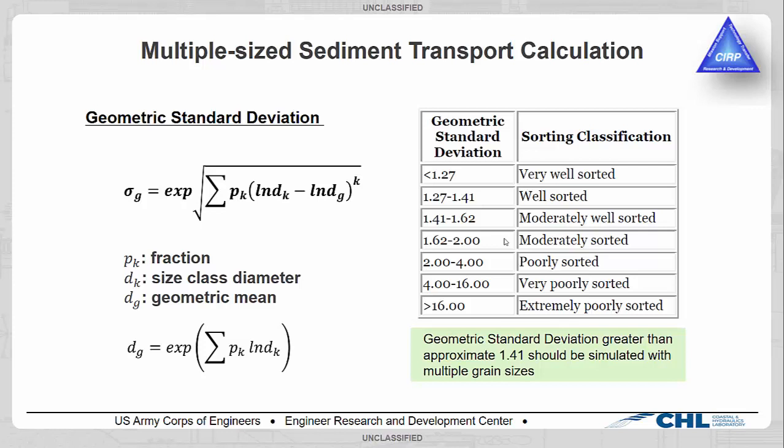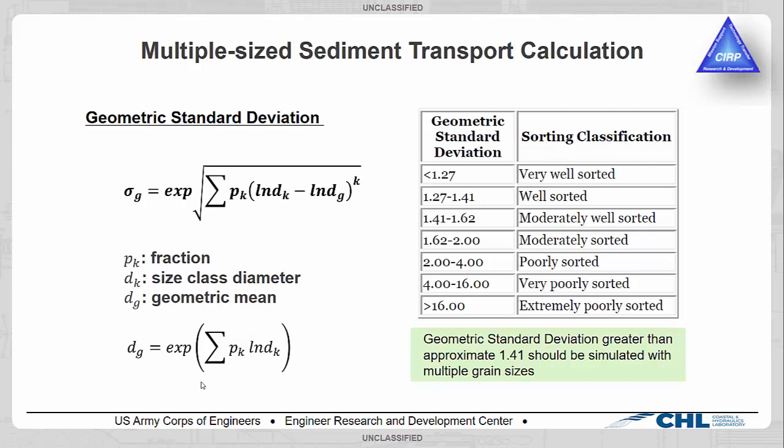The equation is given here: sigma g equals the exponential of the square root of the sum of p_k times (log d_k minus log d_g) squared, where p_k is the fraction of the k grain size, d_k is the size class diameter, and d_g is the geometric mean. The geometric mean is given by this formula here.